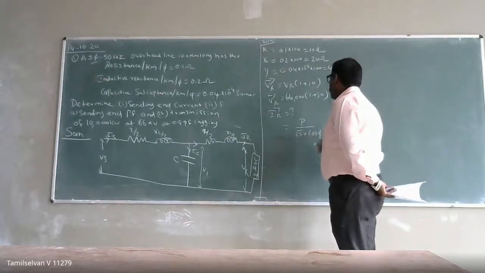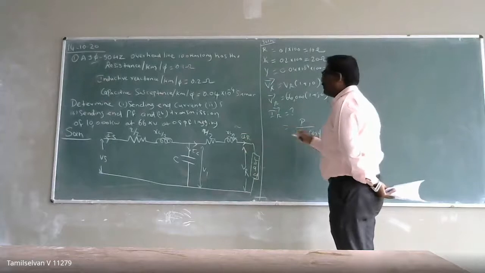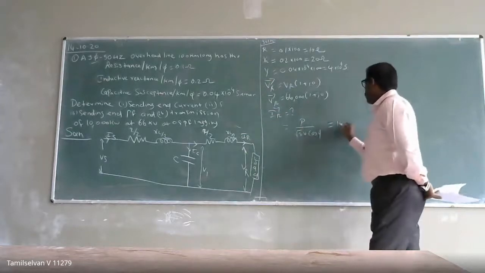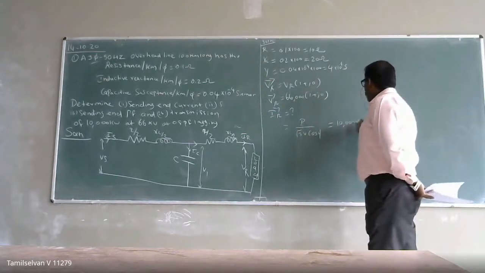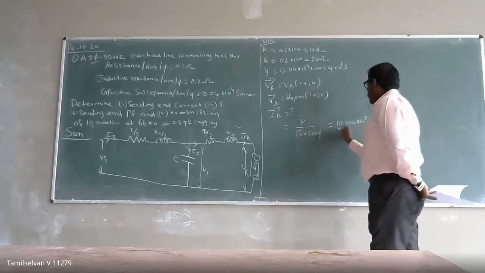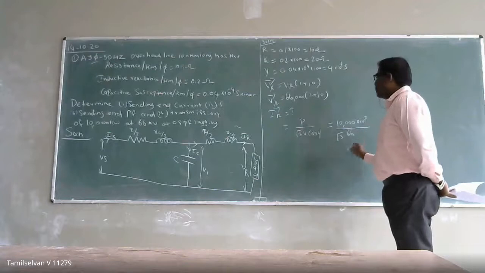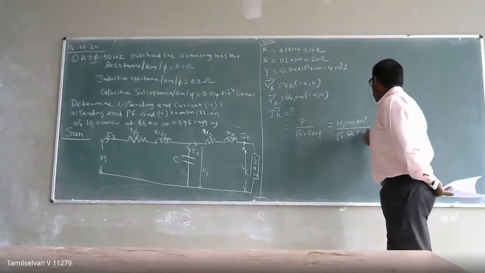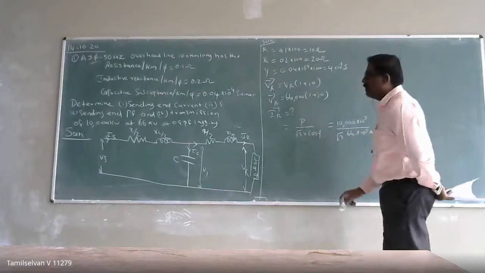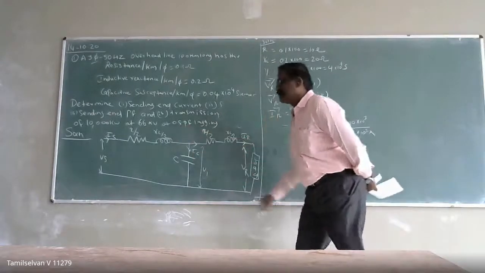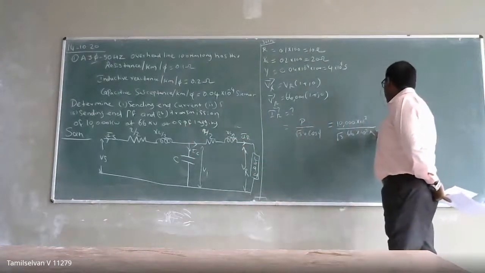P is 10,000 kilowatt, which is 10,000 into 10 power 3 watts, divided by root 3 into 66,000, which is 66 into 10 power 3, into the power factor, which is 0.8.